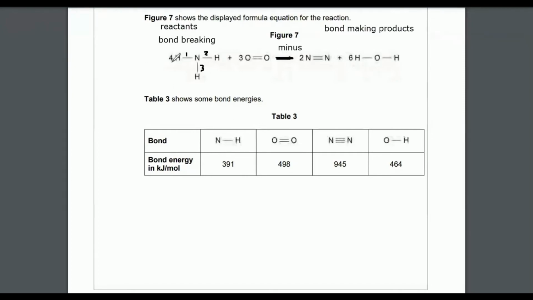So how many of these NH bonds are there? 391. There are 3 times 391. Now you're going to pick up marks for some of these. So we've got 3 times 391, but look at the big 4 in front, the coefficient. So you've got 4 times 3 times 391, or you could do 12 times 391, and that equals 4692.